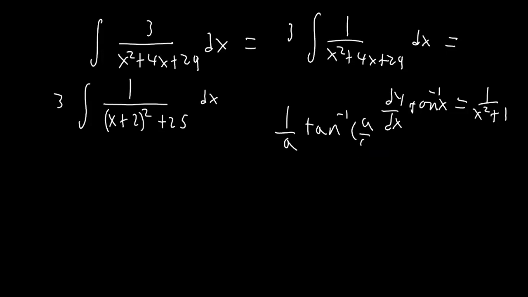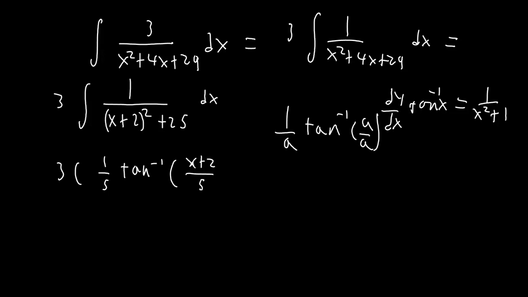In this case, u is equal to x plus 2, so our answer would be 3 times 1/5 times tangent inverse of x plus 2 over 5.